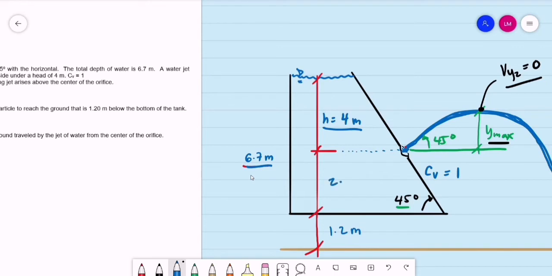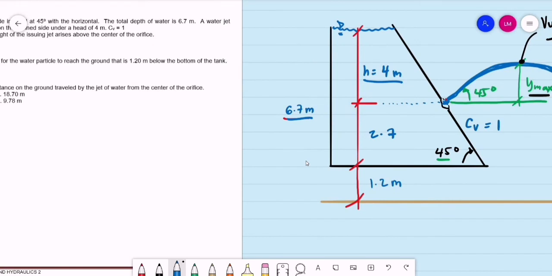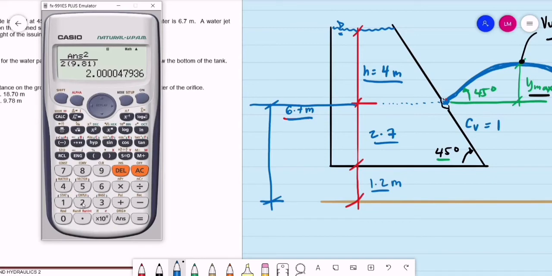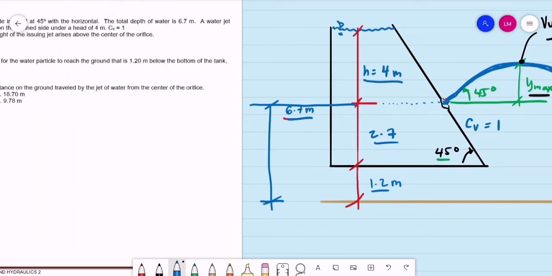This is 2.7. So, yung distance ng orifice papunta dito sa ground will be 2.7 plus 1.2, that will be equal to 3.9 meters.